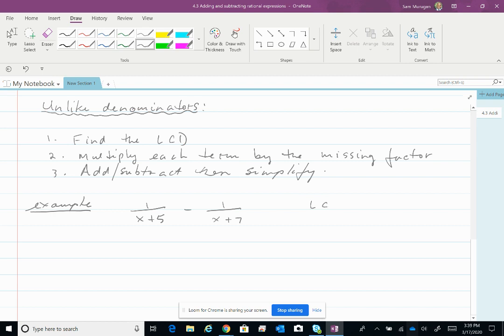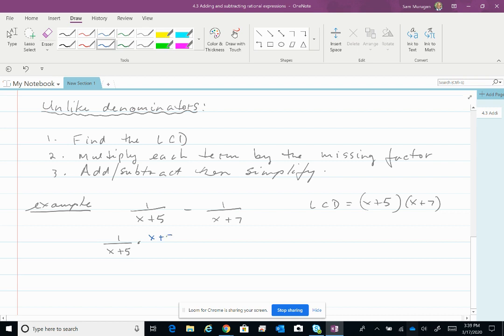So we established that the LCD for the x plus 5 and x plus 7 is simply the product here, x plus 5, x plus 7. So what we do here is we write back 1 over x plus 5, and then we multiply both numerator and denominator by the missing factor, which is x plus 7.